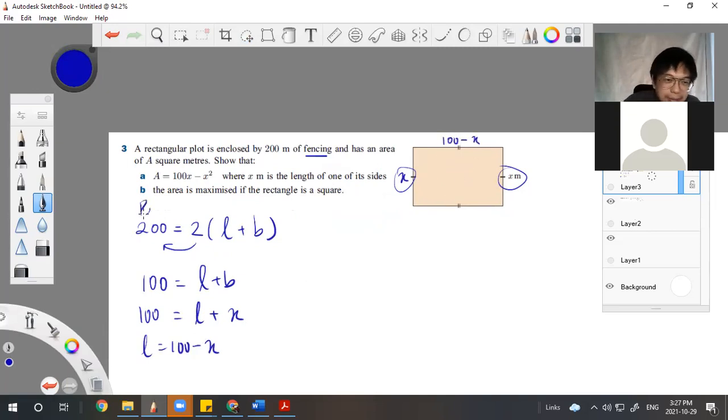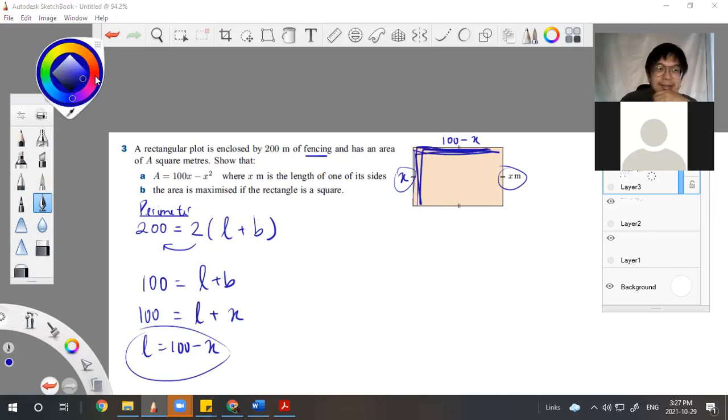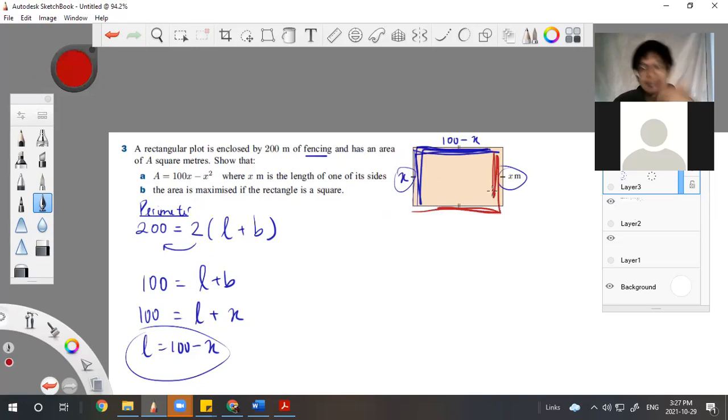We use the perimeter rule to find the length in terms of x. Or you can think simply: half of 200 is 100, because 200 is the blue color plus the red color. Either blue or red is 100, so this is 100 minus x.